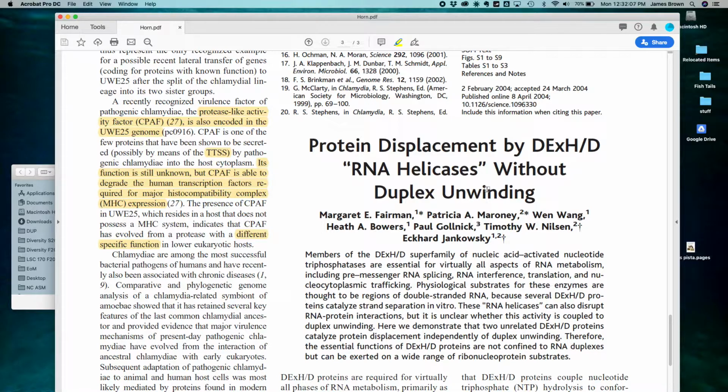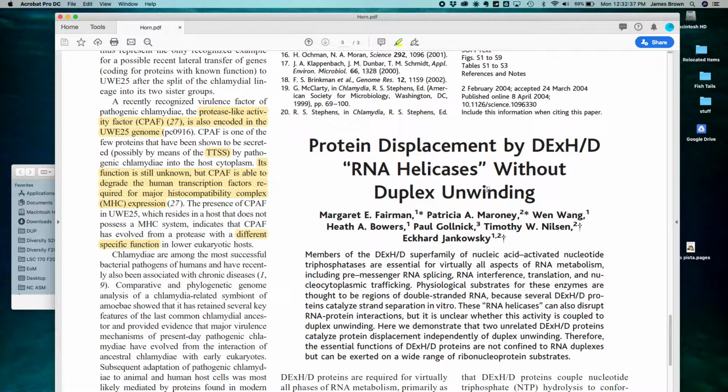And macrophages are constantly touching all the cells in your body to look for infected cells so that they can kill them. And it does this through the major histocompatibility locus. And so by turning down the MHC complexes on those infected cells, it reduces your immune system's ability to recognize them and to destroy them. And so that's a virulence factor in the pathogenic chlamydia.